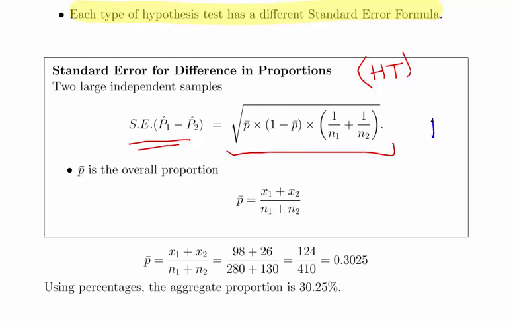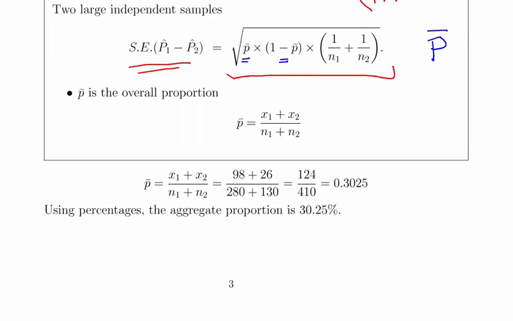Now, what this will depend on is this calculation here, p bar and 1 minus p bar, okay? p bar is the aggregate proportion, the overall proportion. It's essentially disregarding what groups are involved: how many kids were seriously injured altogether, whether or not they wore seatbelts. We have 410 children and 124 were seriously injured, so altogether 30.25% of the children were seriously injured.